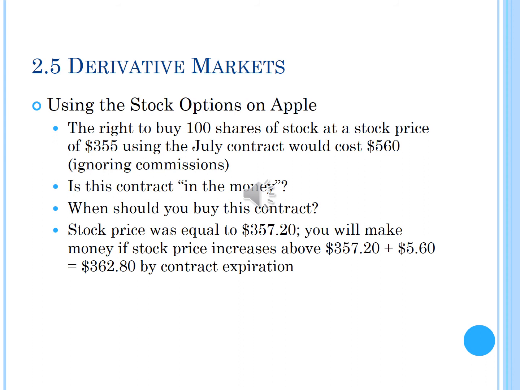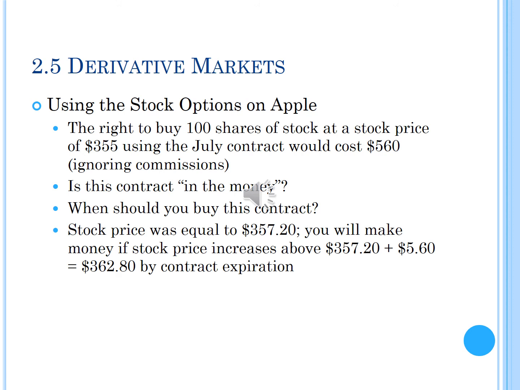If we know that the stock price at the expiration date was $365, okay, so there is a $10 difference between the exercise or the strike price of the call option and the current market price. Okay, in that case, what we need to do is calculate the difference in stock price.